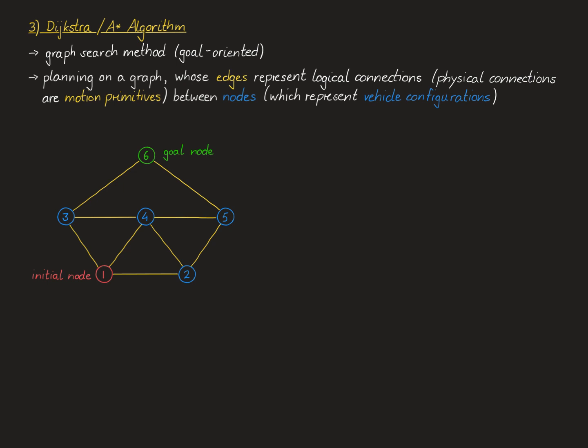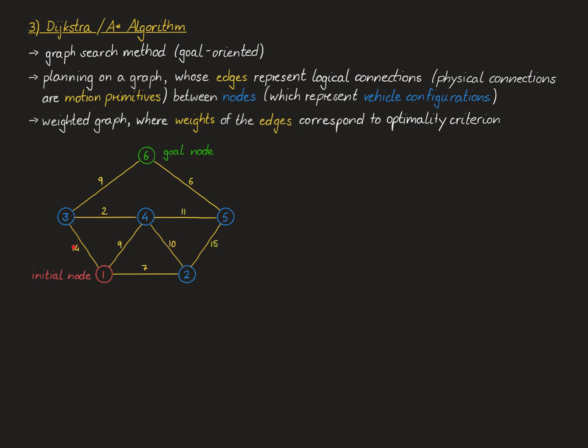Furthermore, the Dijkstra and A-star algorithms work on a weighted graph, which means that each of the edges of the graph carries a number called the weight of this edge. This number is related to the relevant optimality criterion, for example, the travel time, the travel distance, or the fuel consumption, which is considered as a cost for the vehicle to move along the motion primitive that corresponds to this particular edge of the graph.